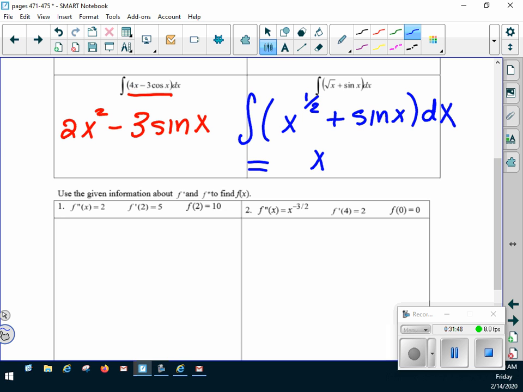Raise that by 1. 1 divided by 3/2 is 2/3. You sure it's minus cosine? The derivative of minus cosine is positive sine, plus your constant. Just be careful on your signs, plus and minus, when you do sine and cosine.